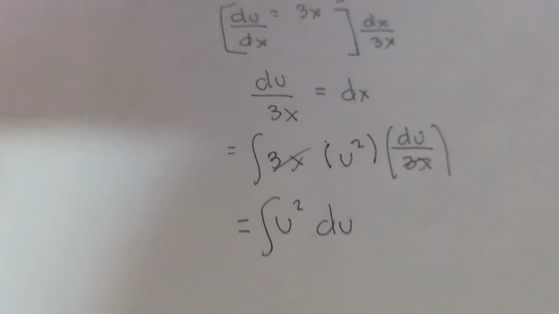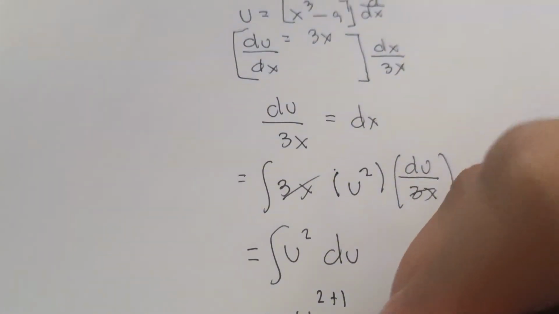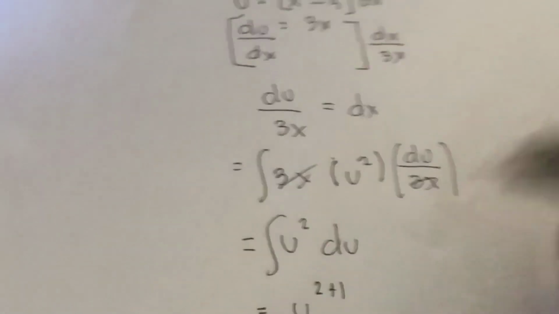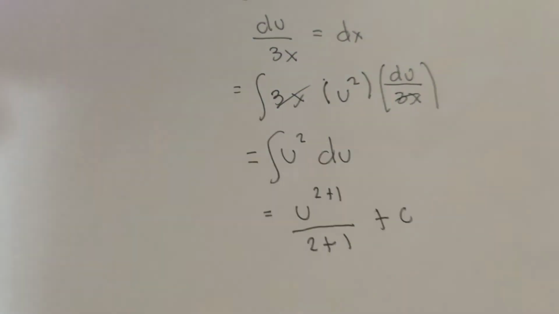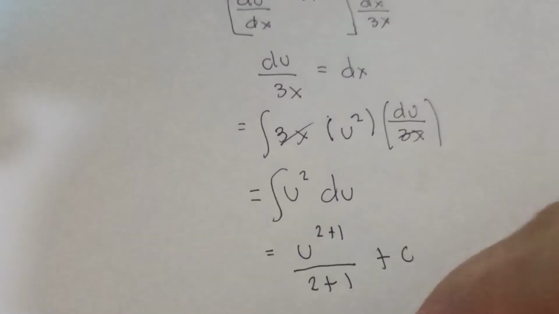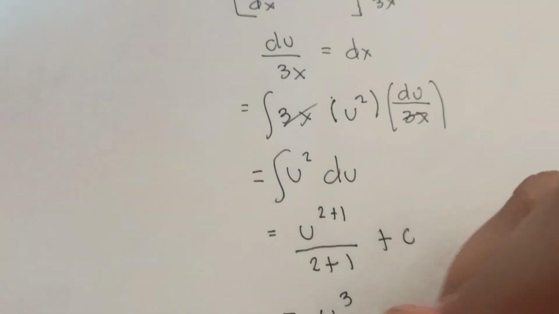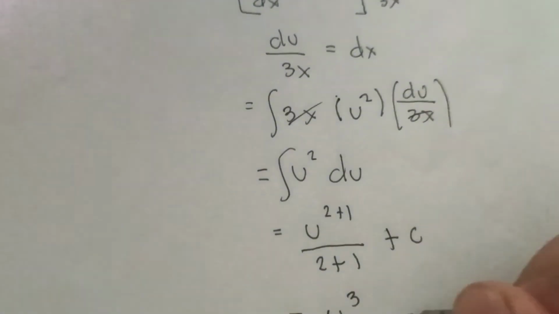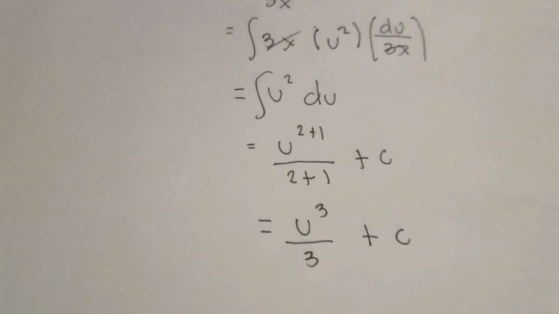So this will become, we're just gonna add 1 here. Just copy the denominator. Don't forget to put the arbitrary constant here instead of du. And now after that, just bring down the answer, which is u cubed over 3 plus arbitrary constant.